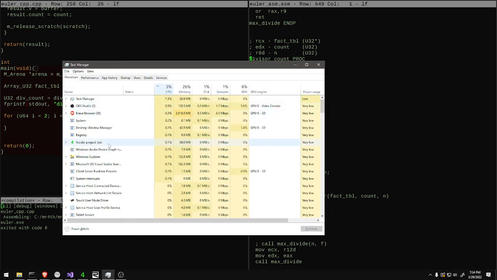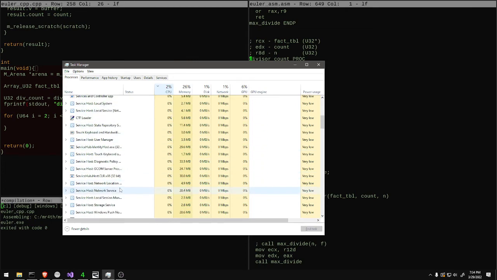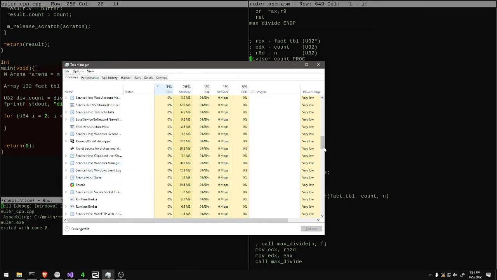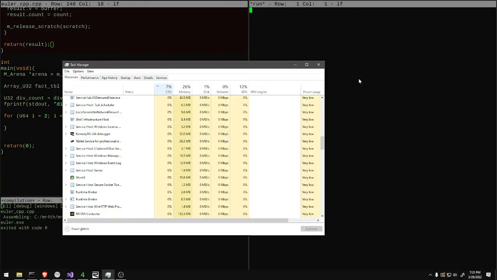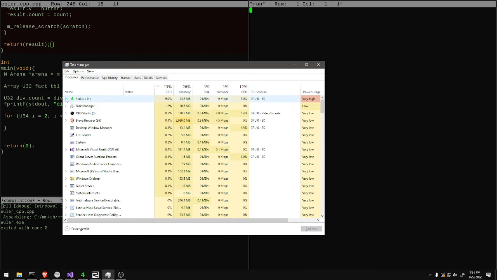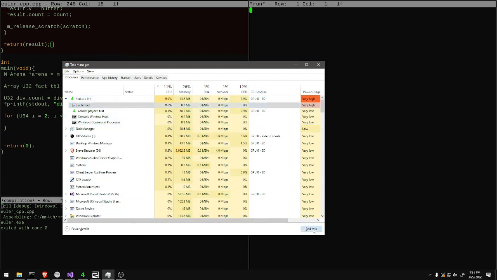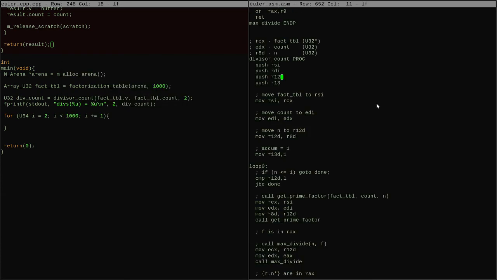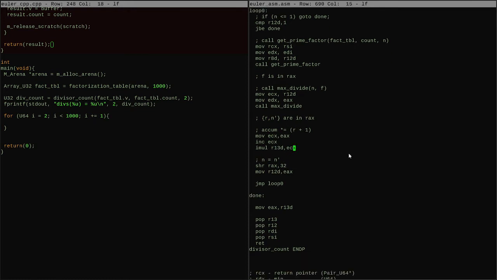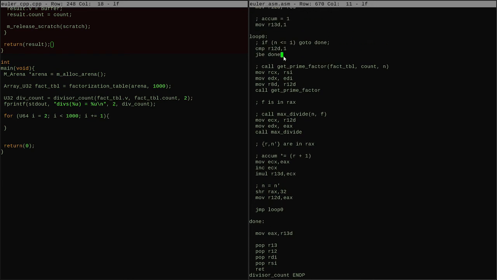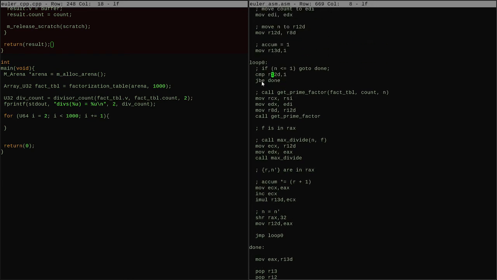I have someone sitting there running forever, do I? I think we're good. Run. Okay, so we have some kind of bug where there's an infinite loop in our divisor count now. What did I change about divisor count? I'm not sure. I was changing these. Compare below or equal.